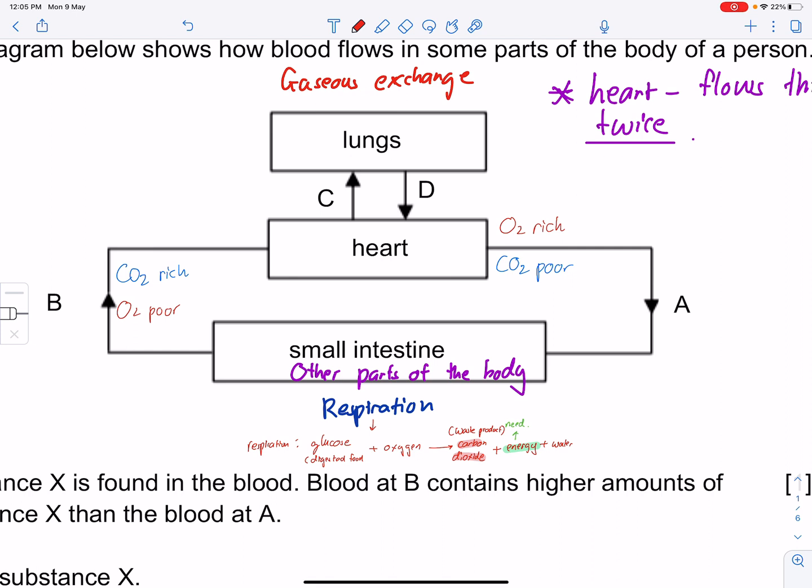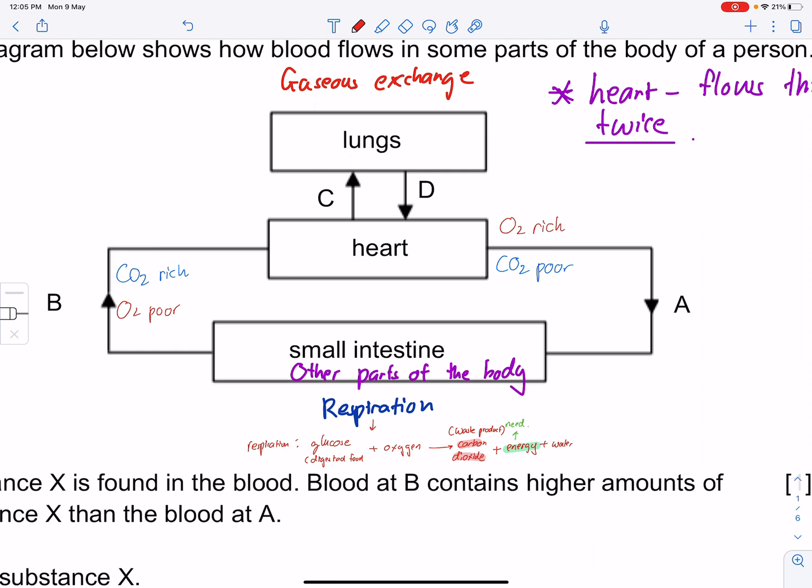Now, during gaseous exchange, what is removed would be your carbon dioxide, and what is taken into the blood would be your oxygen. Now, it is very important to mention in your answers that the oxygen goes into the blood. If not, there is no point.